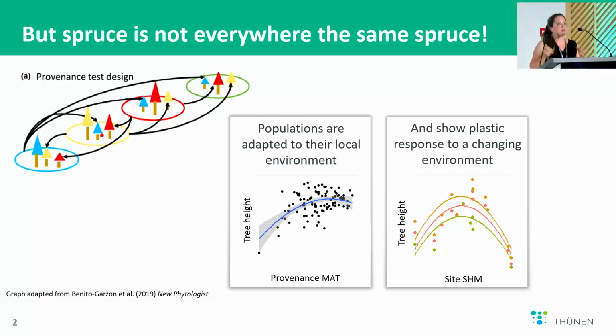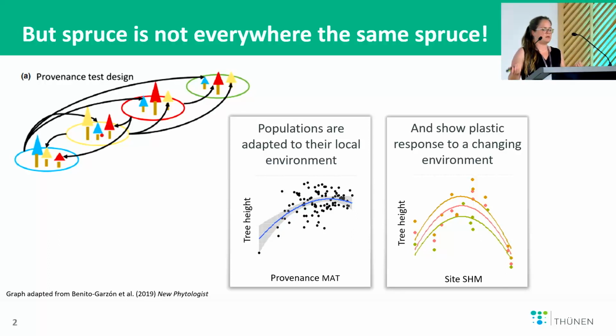But obviously not, because spruce is not everywhere the same spruce. Provenance trials, as reciprocal transplant experiments, have clearly shown that tree species are not large units of homogeneous response. Instead, they are adapted to their local environment.